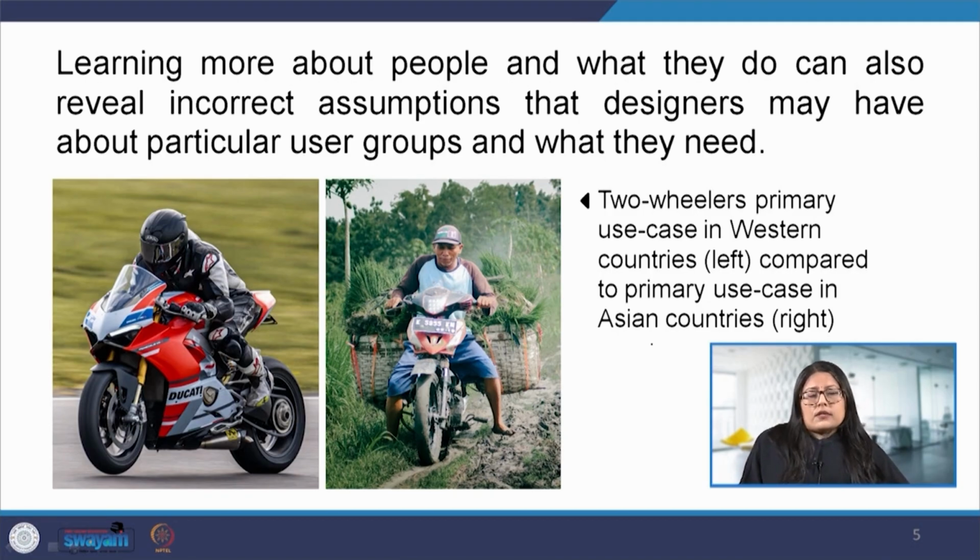But in countries like India and several other countries in the South Asian belt, these bikes serve more purposes, or better purposes, than just being used for enjoyment. They are used for carrying goods, for transporting people, and they have several other uses in the farmlands. So, people come up with these innovative ways to use this product.